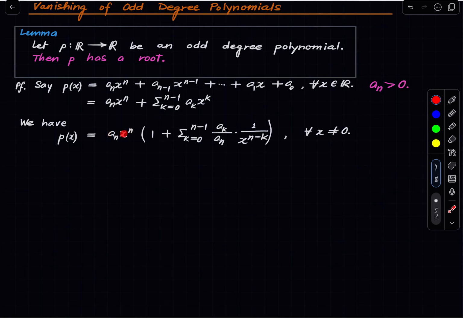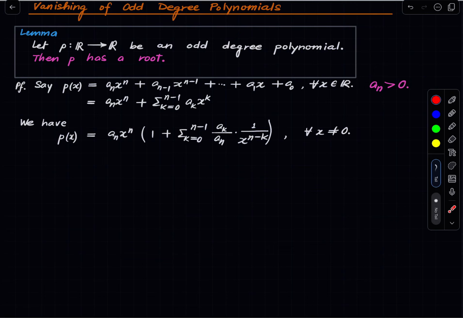And if you feed x very far to the left of the origin, you get something negative. Whenever the magnitude of x is very large, this does not matter, so the sign of the value of p(x) is governed only by the leading term if x is sufficiently large. And therefore p(x) will take both positive and negative values, and that is this proof.